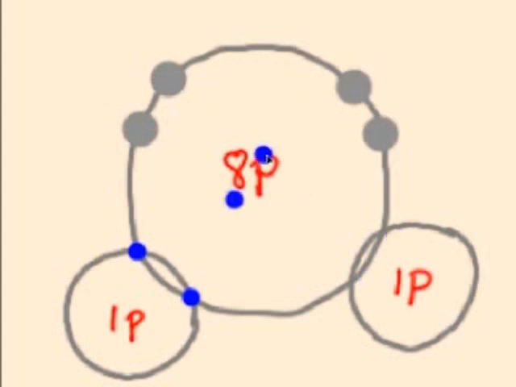But the electrons spend most of their time around the oxygen nucleus. And so because oxygen is electronegative, it pulls the electrons closer to itself. And so this is a polar covalent bond.